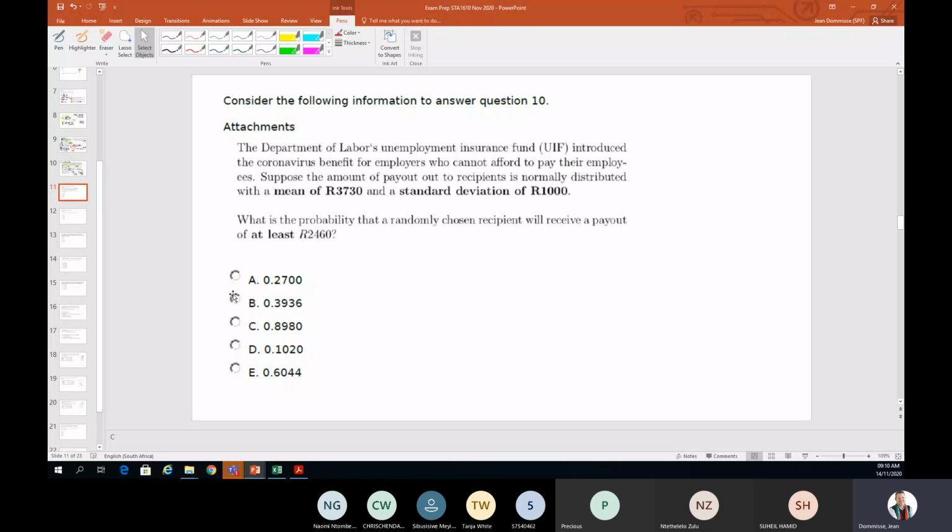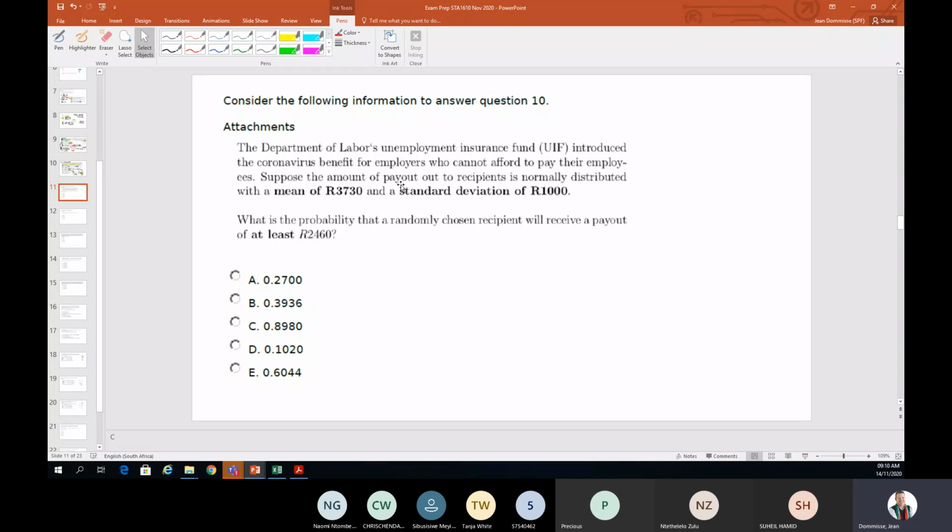Okay, so let's look at the next question. The Department of Labor's Unemployment Insurance Fund introduced the coronavirus benefit for employers who cannot afford to pay their employees.